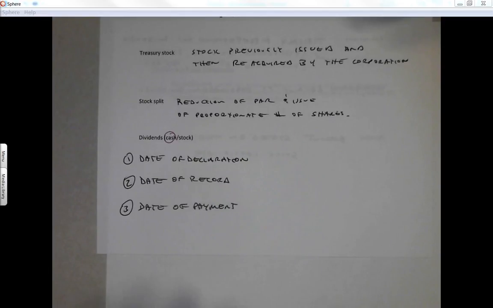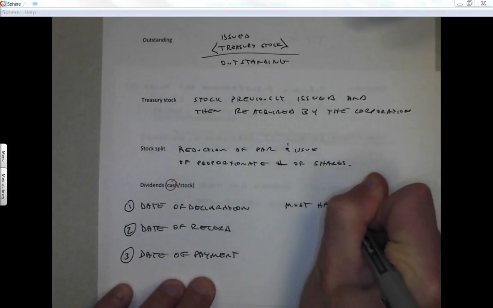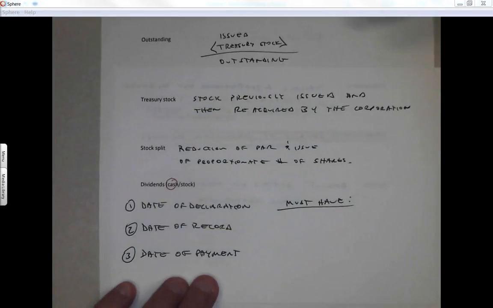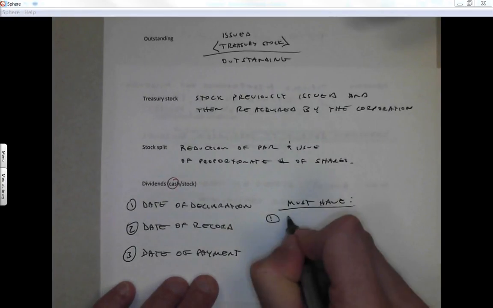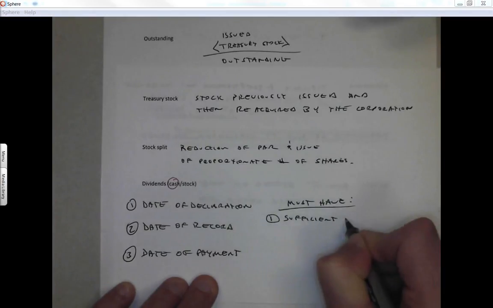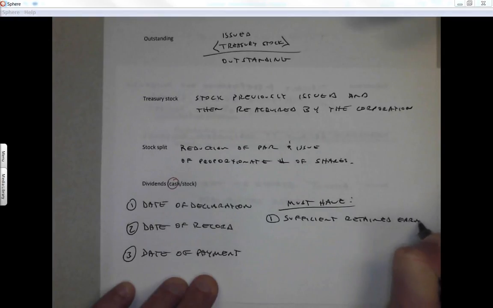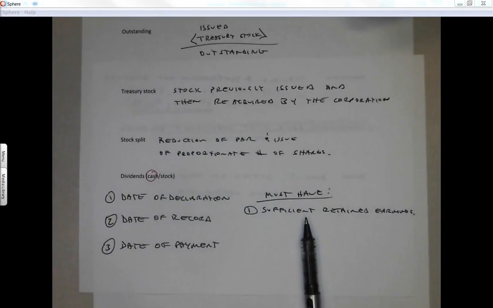A couple other things for cash dividends. You've got to have a couple of things. You've got to have sufficient retained earnings. If you've got a business that's only had losses, you can't declare a dividend.